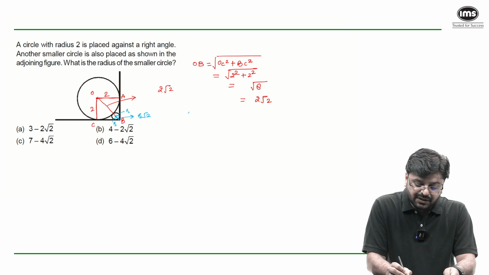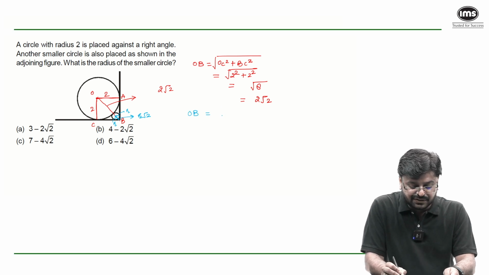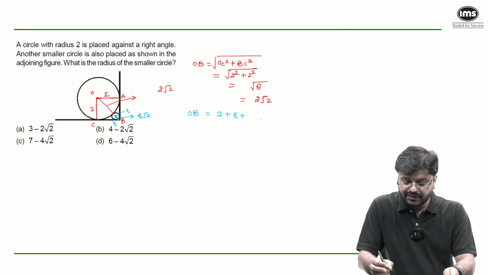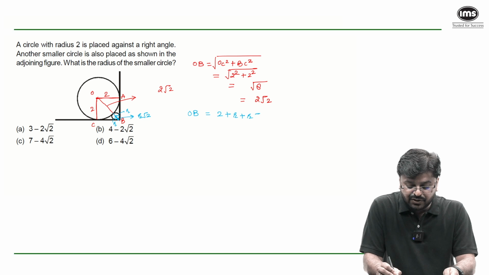Now OP in the given figure is actually the radius of the circle, which is 2, plus radius of the smaller circle, which is r, plus this small diagonal part, this is r root 2, and OB we calculated as 2 root 2. So this is basically r root 2 plus 1 plus 2 equal to 2 root 2.